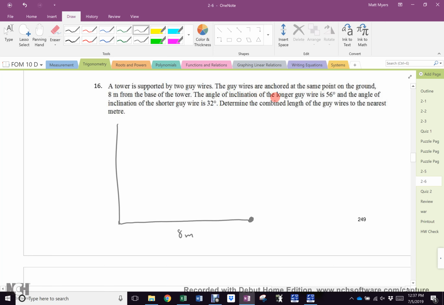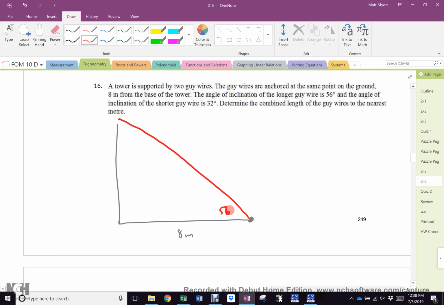The angle of inclination of the longer wire is 56. Which is longer? The wire that goes to the top, or the wire that goes partially up to the top? Where is the longer wire going to be? All the way to the top. So that one to the top is 56.